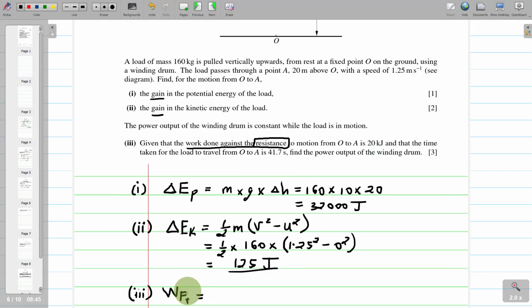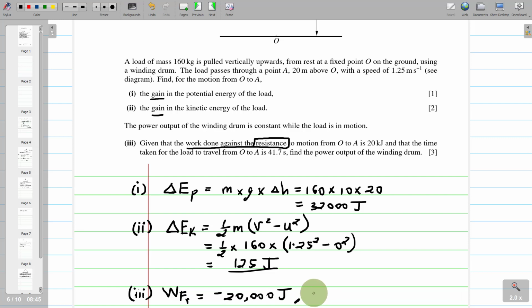But I want to change that and talk about work done by resistance. The use of this word against means there is a negative sign that has been omitted, and that is why the word against has been used. But when I talk about work done by resistance force, I put back that negative sign and we get it to be 20,000 joules. Remember, this is work done by resistance.